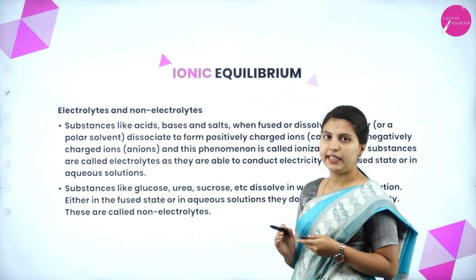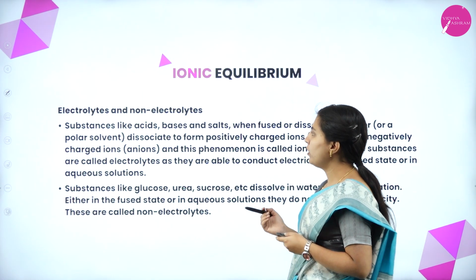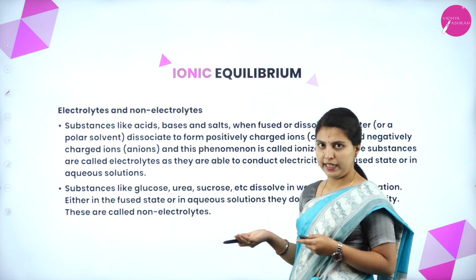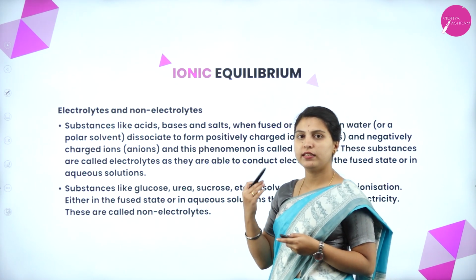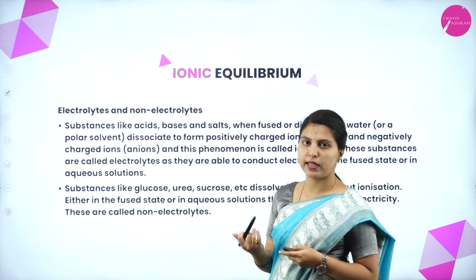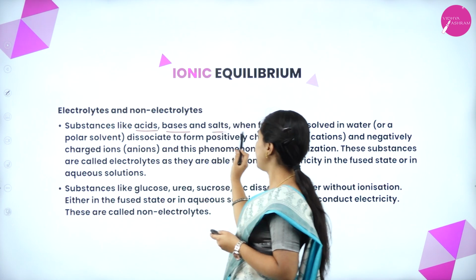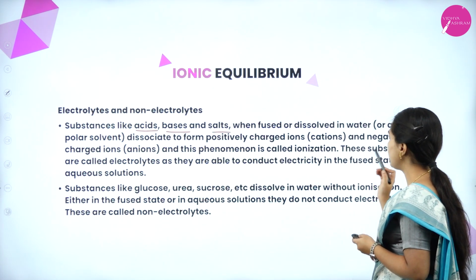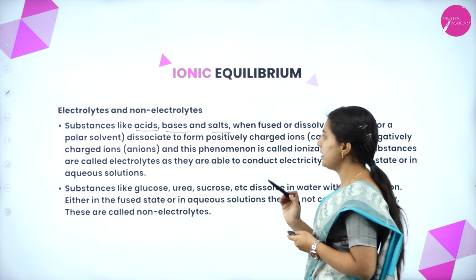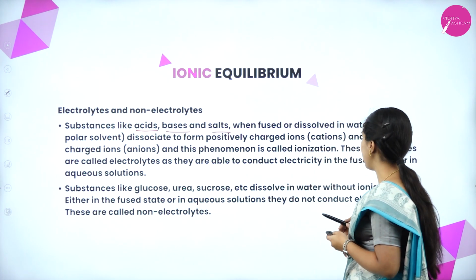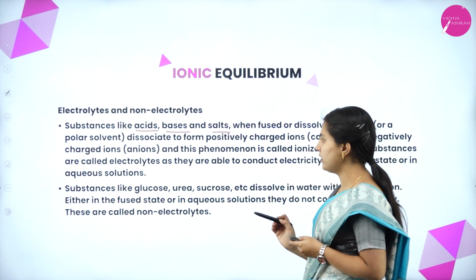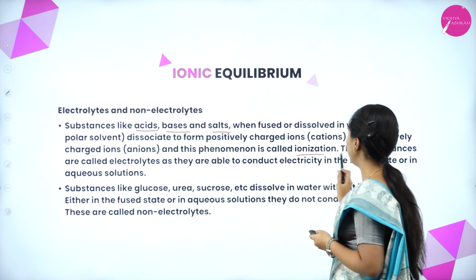Next, ionic equilibrium, electrolytes and non-electrolytes. Here you can see a new terminology, that is electrolytes and non-electrolytes. Substances like acids, bases and salts, when fused or dissolved in water, dissociate to form positively charged ions and negatively charged ions, and this phenomenon is called ionization.